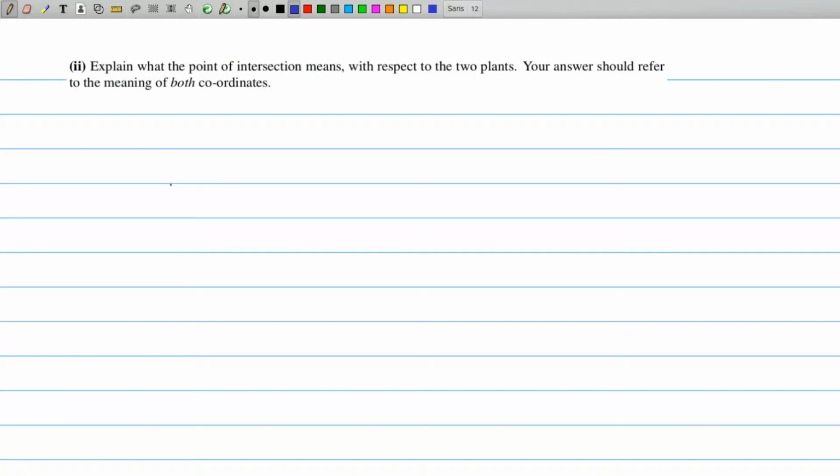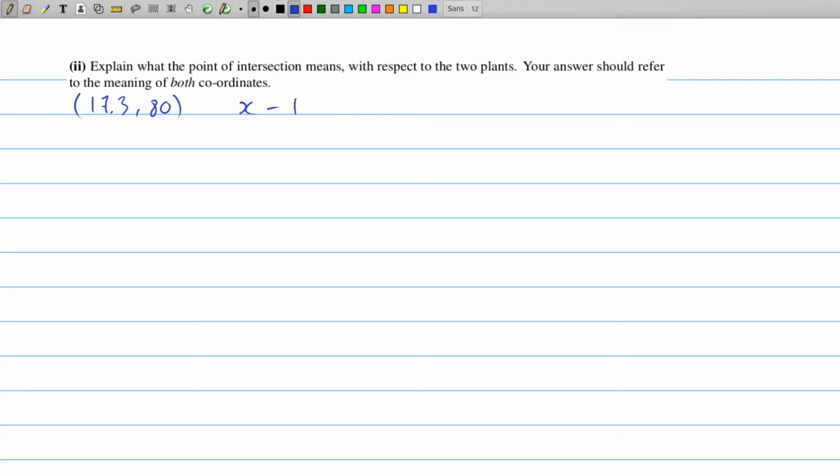The second part of that question asks us to elaborate on what that point means. So we had 17.3, 80 as the coordinate of the point of intersection. So we have to explain what that means. Well, what does the x-coordinate mean? So the x-coordinate represents the number of days that have passed since the first measurement was made.